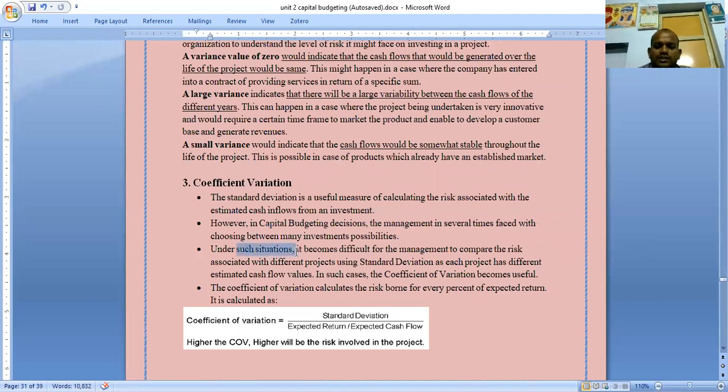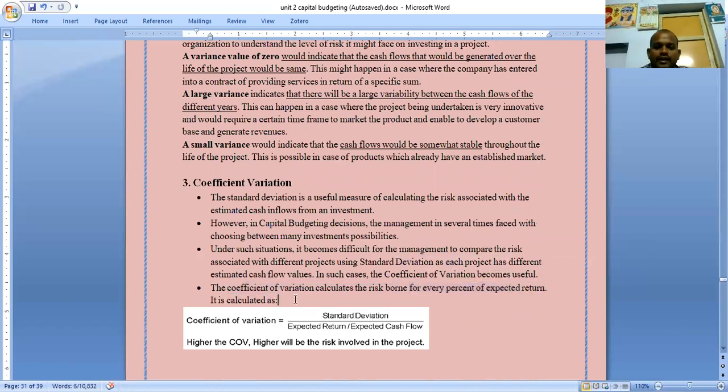Under such a situation, it becomes difficult for the management to compare the risk associated with different projects using the standard deviation, as each project has different estimated cash values. In such cases, the coefficient of variation becomes useful. The coefficient of variation calculates the risk borne for every percent of expected return.